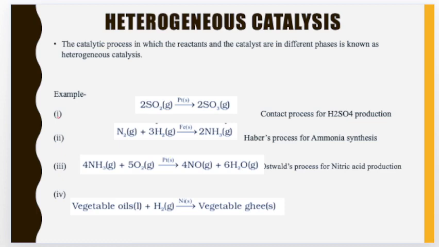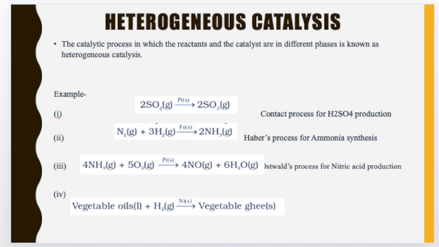For example, here first example is oxidation of sulfur dioxide in presence of platinum catalyst. In this case, it can be observed that the gas reactant and the product are in the gaseous state, whereas the catalyst is in solid state, and this is an example of heterogeneous catalysis.